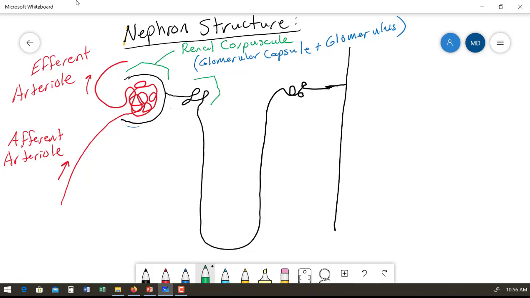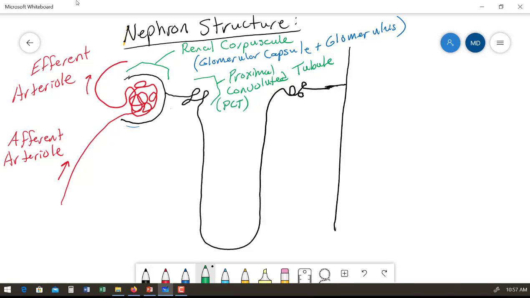These tubules have a set of names. The name of this first squiggly set of tubules is called the proximal convoluted tubule, also known as the PCT. Okay, so proximal convoluted tubule.